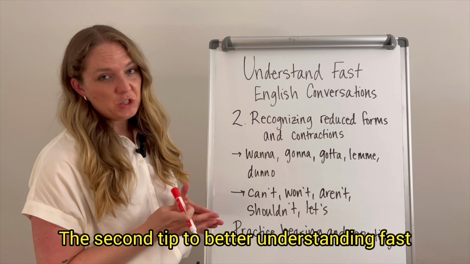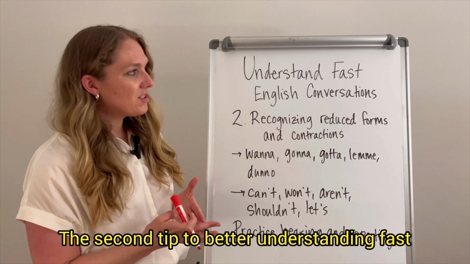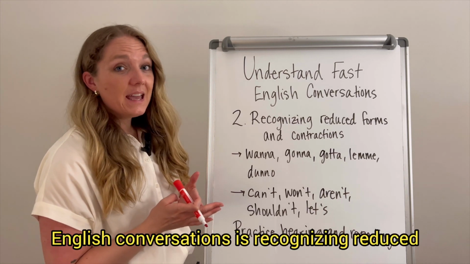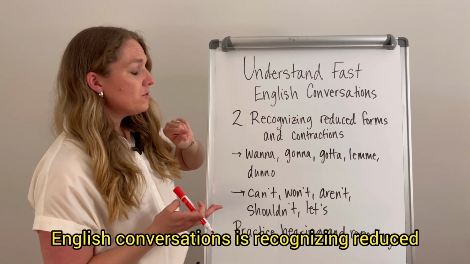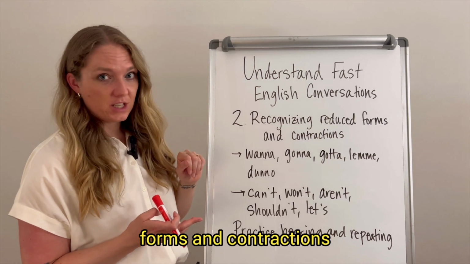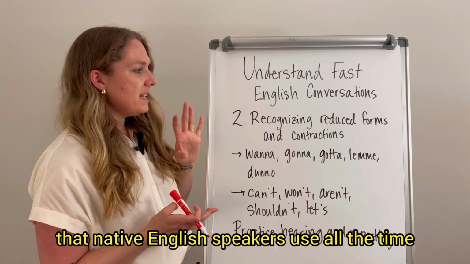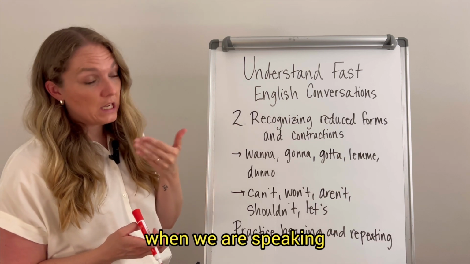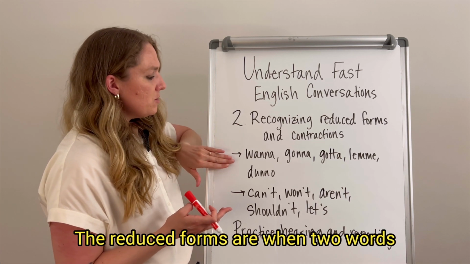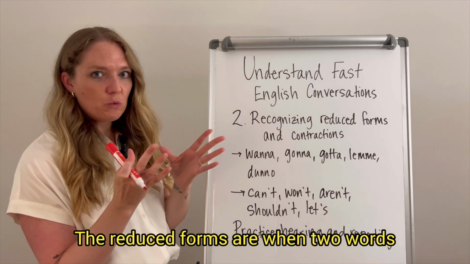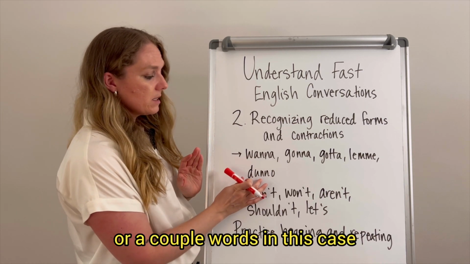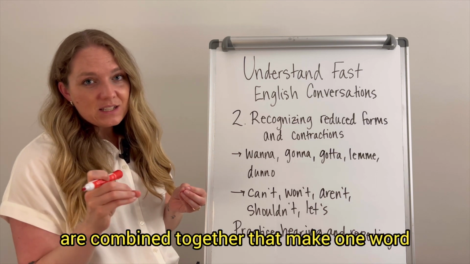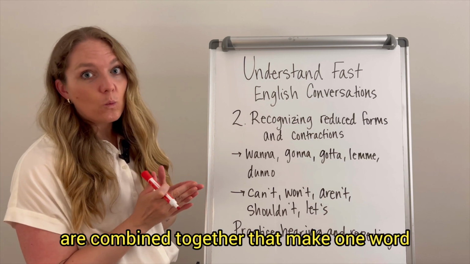The second tip to better understanding fast English conversations is recognizing reduced forms and contractions. These are things that native English speakers use all the time when we are speaking. The reduced forms are when 2 words, or a couple words in this case, are combined together that make one word.